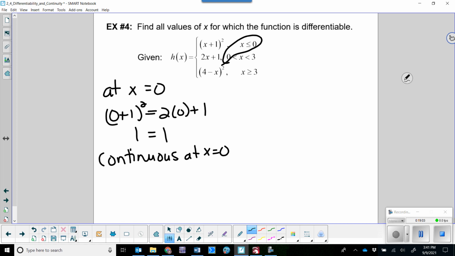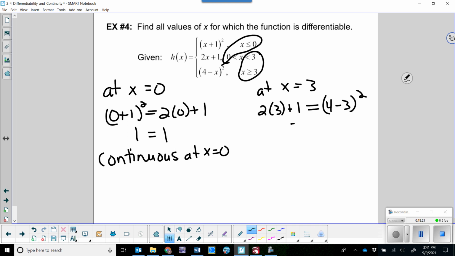Okay? Then we also need to check at x equals 3 because that's the next place where two pieces go together. So at x equals 3, we would have 2 times 3 plus 1. Does that equal 4 minus 3 squared? That's the question. And we get 7 equals 1, which is not true. 7 does not equal 1.